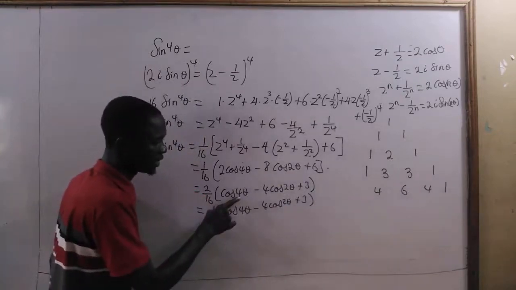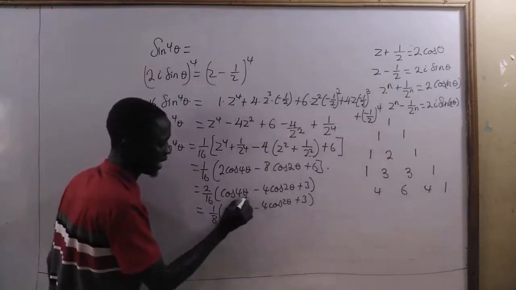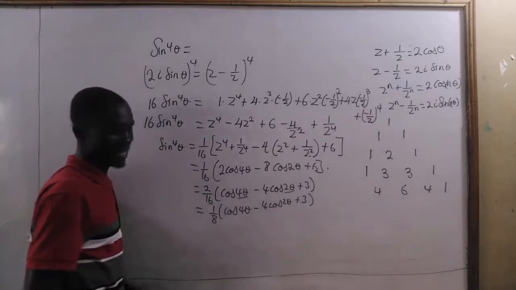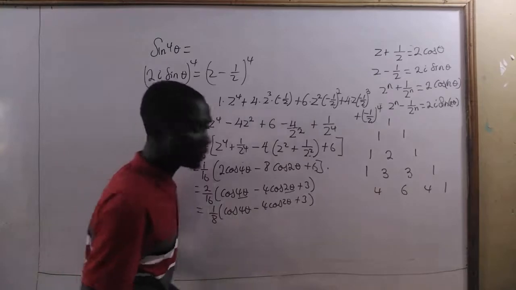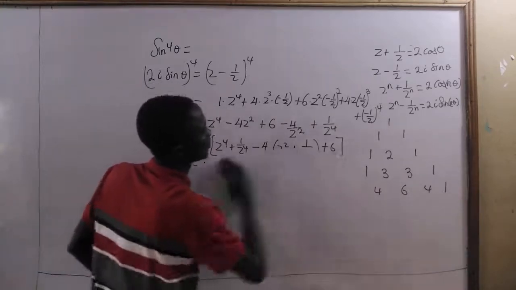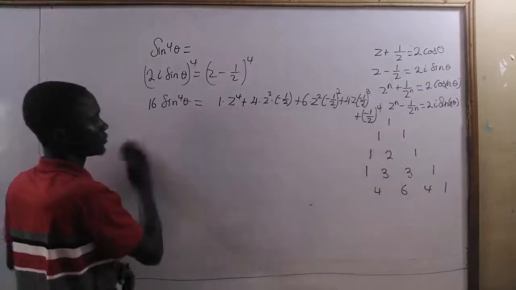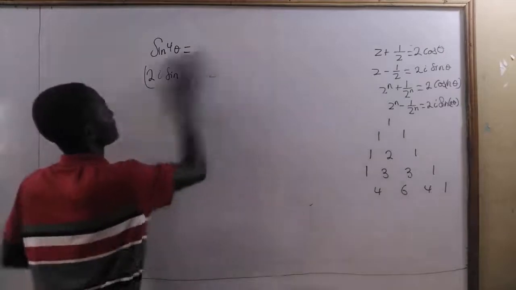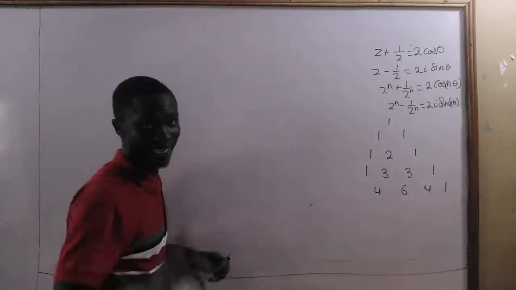Please, don't touch these. They are angles. We can't factorize them out. Now let's take cosine to the power 3, and then I think that will be all.